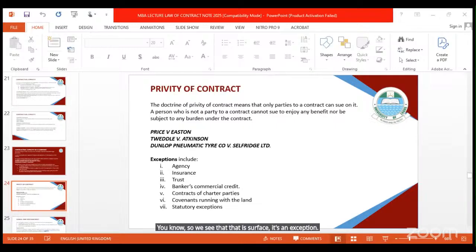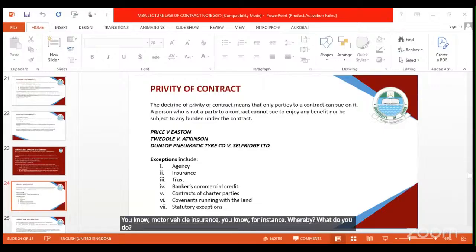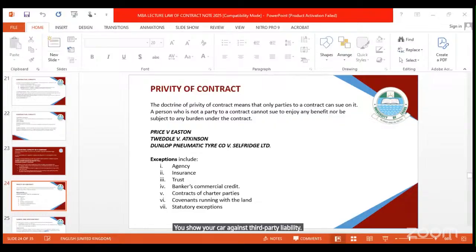Insurance companies, one typical example is liability insurance, motor vehicle insurance, for instance, whereby you insure your car against third party liability. So if your car hits another person's car, if you look at the contract of insurance on your car, the owner of the car that you hit is not in that insurance contract that you're having.